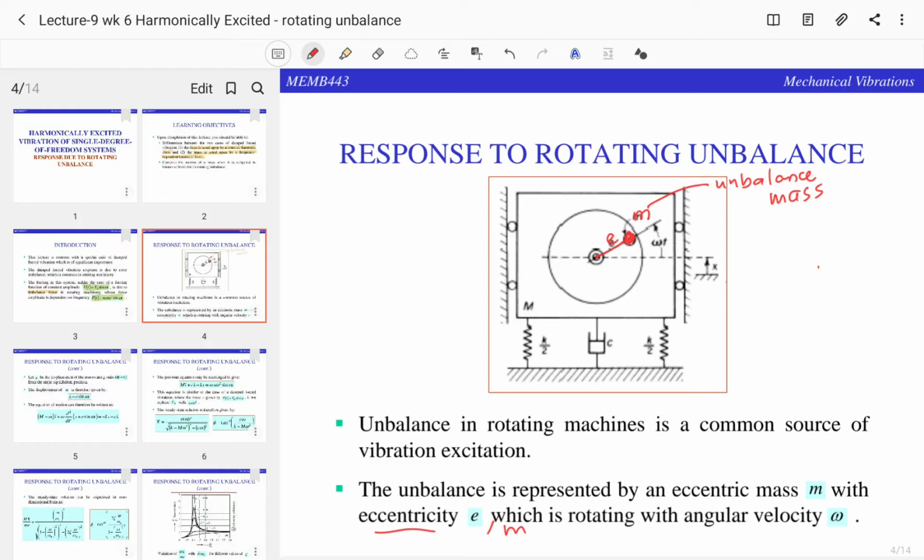At the same time, this mass, we call it capital M, moves at a displacement x. So your input now is in terms of this small m at a rotational angular speed of omega t. So that's the explanation of this figure.